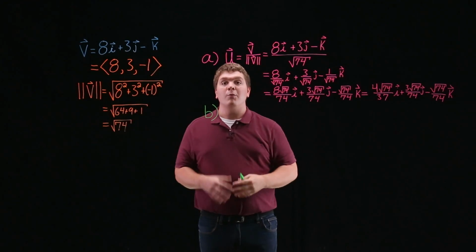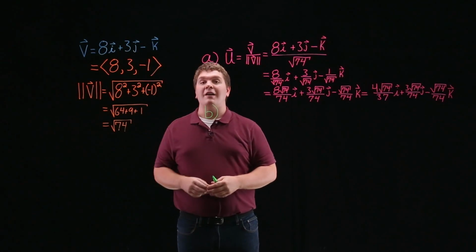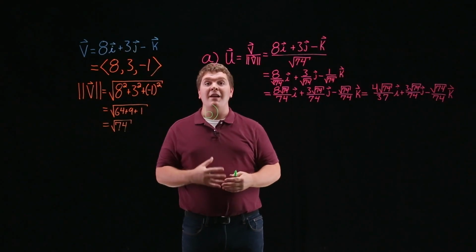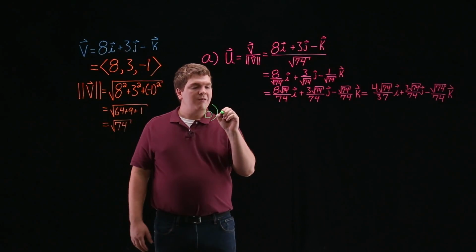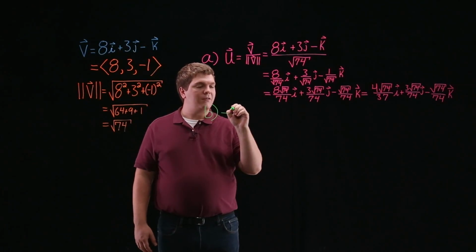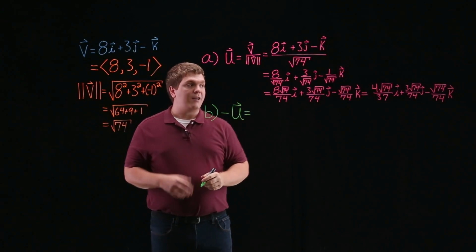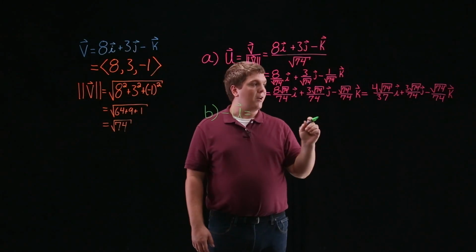Now for part B, we're asked to find a unit vector with the direction opposite of our original vector v. Since we've already found a unit vector with the same direction as v, all we need to do now is find the vector -u, which in this case is just our vector here with a negative multiplied through.